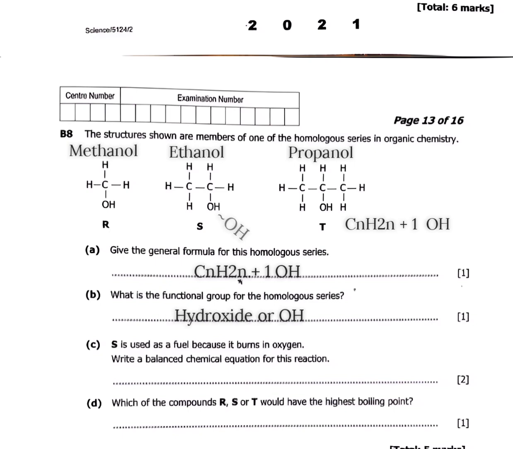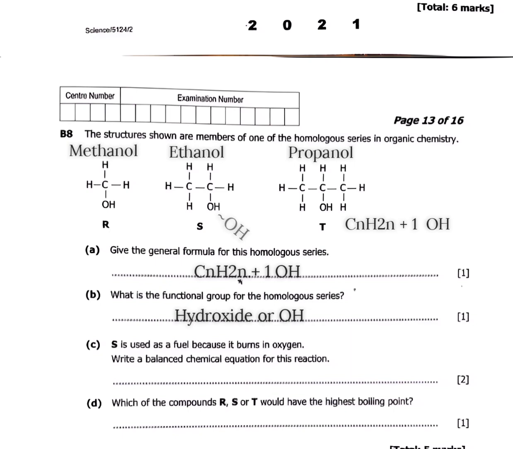Then C is saying S, which is ethanol, is used as a fuel because it burns in oxygen, and we know that oxygen supports burning. The question is saying, write a balanced chemical equation for this reaction.